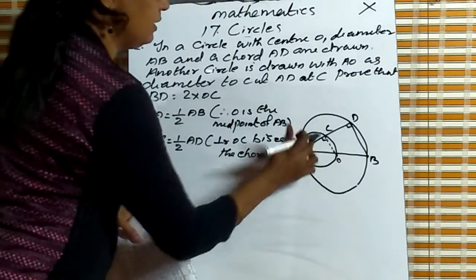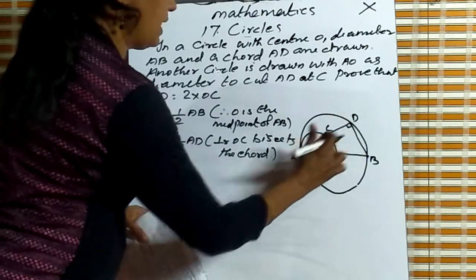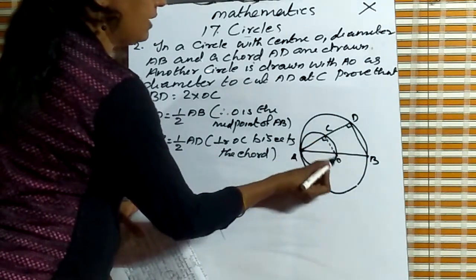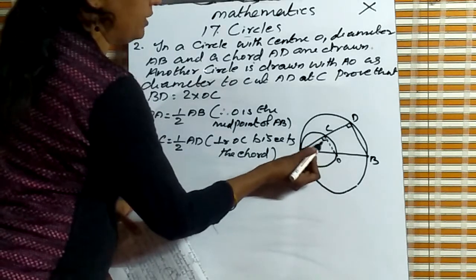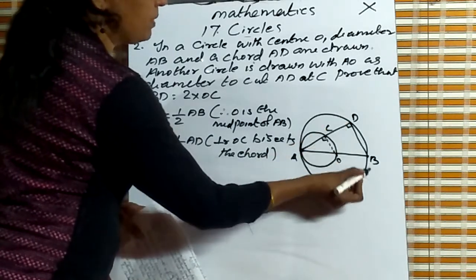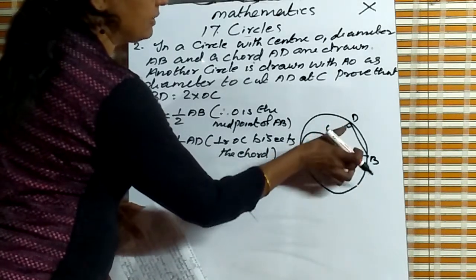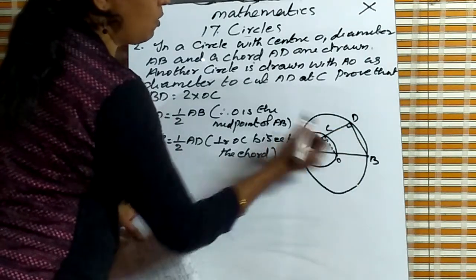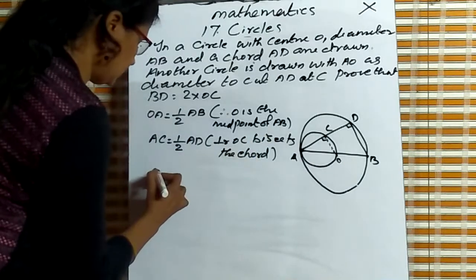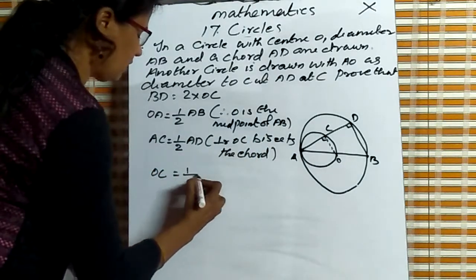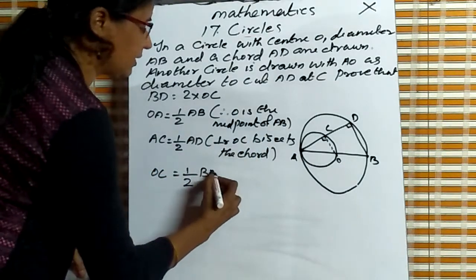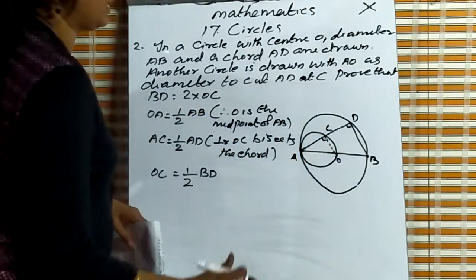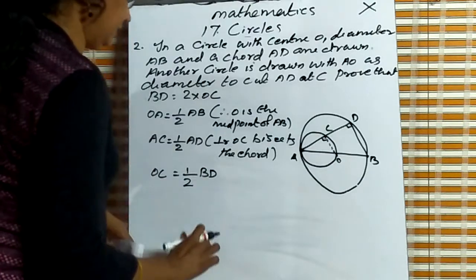Now this ADB is a triangle and this is the line segment joining the midpoints of two sides, which is parallel to the third side, and the length of this is half of the third side. OC is equal to half of BD. Reason, line joining the midpoints of any two sides of a triangle is half the third side.